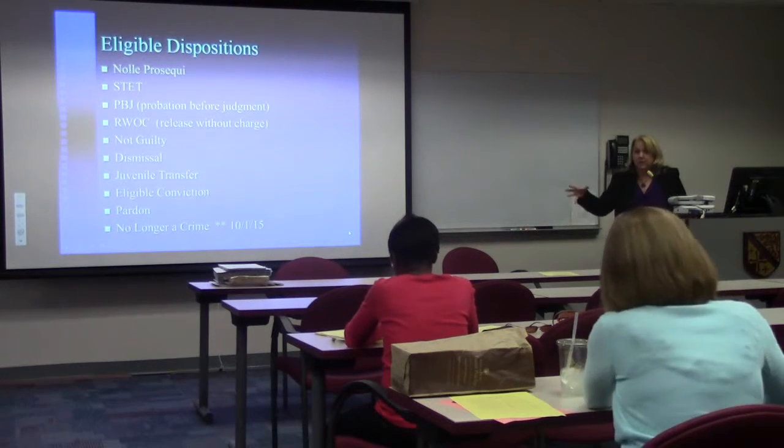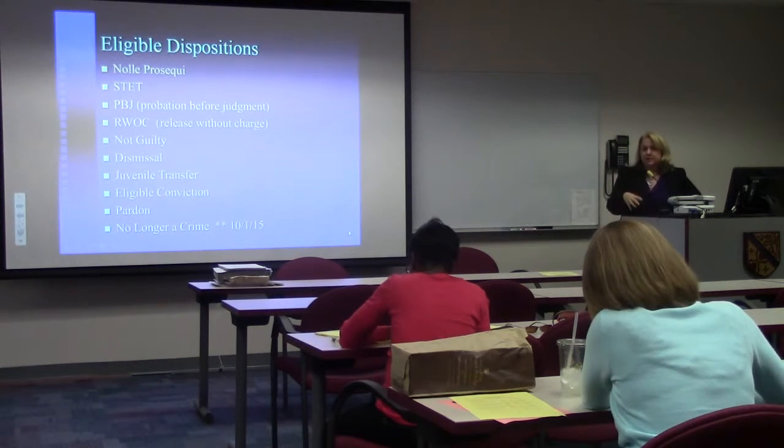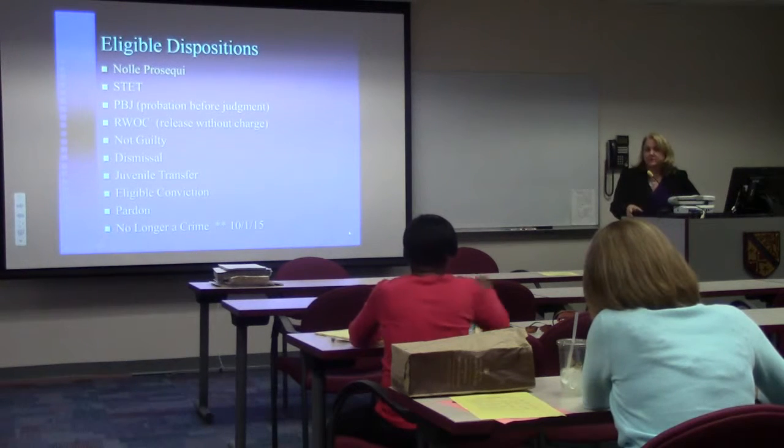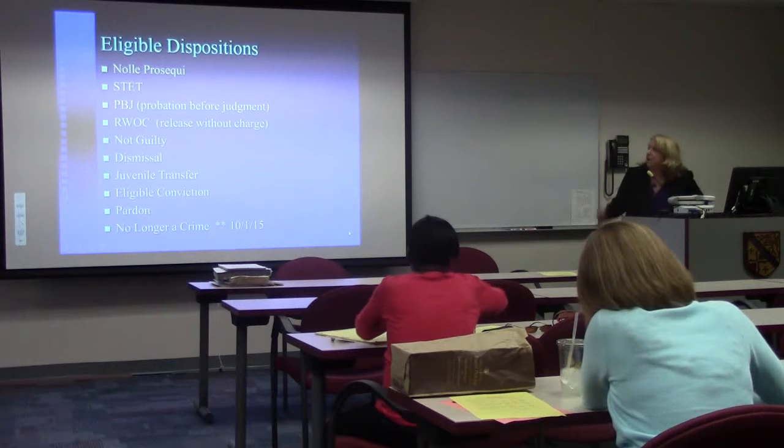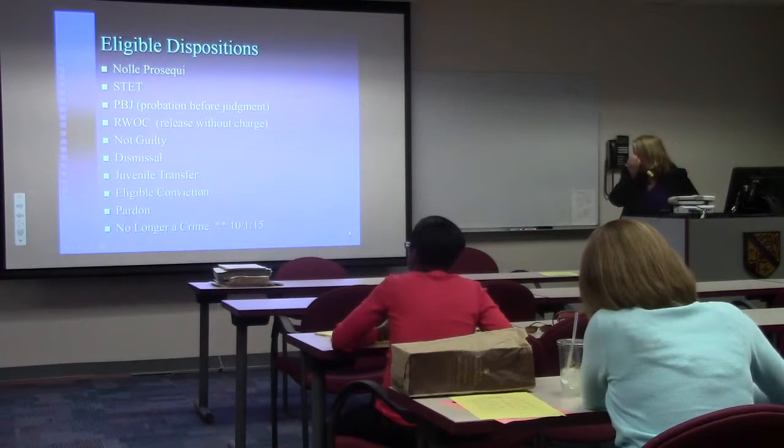So you can file that expungement in the adult portion. It's not going to expunge the juvenile part, but it may be eligible depending on what happens in the juvenile proceedings, but that's a separate thing. An eligible conviction, we're going to get to that.